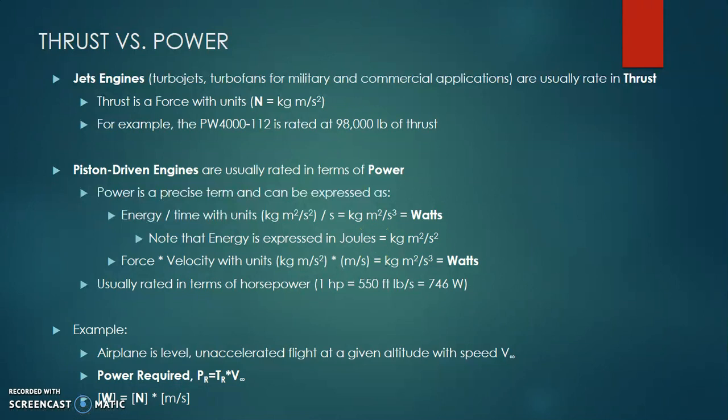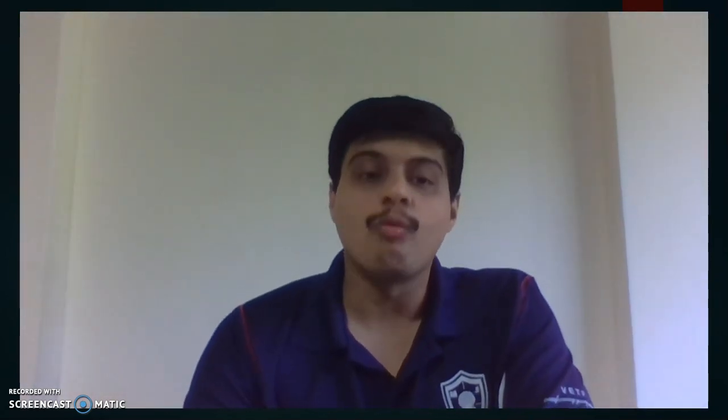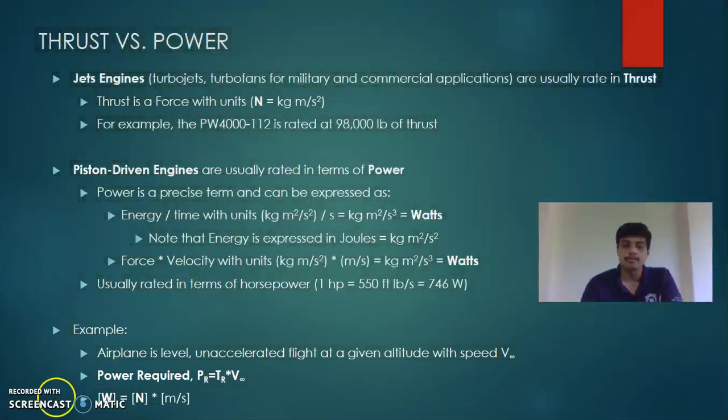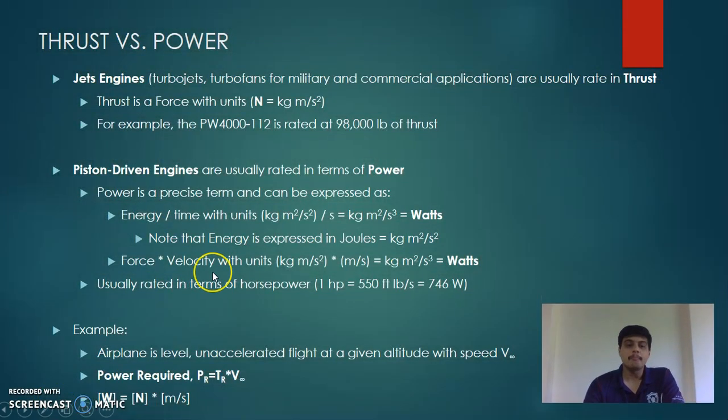Let us take one example. When an aircraft is in level flight, which has no acceleration, which means simply the aircraft is moving in a straight line without any acceleration, the components, as we saw, are resolved. What do we need in terms of our thrust requirement? You simply see that power required is thrust into velocity, and so it is newton into meter per second.